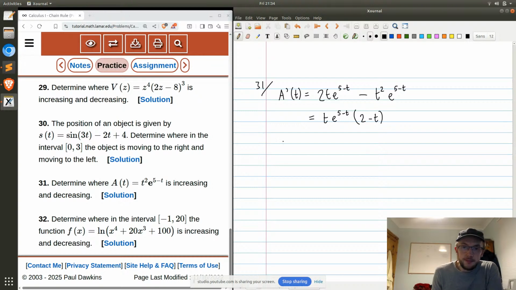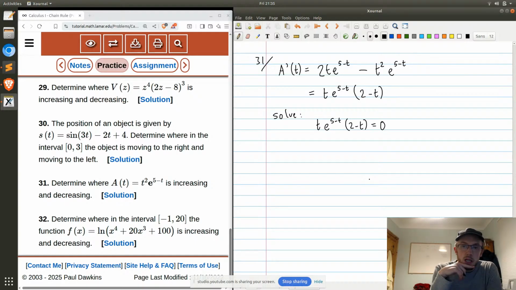So solve this. When is this 0? Well, it's 0 when t is 2. When t is 0. And when is e to the 5 minus t equal to 0? Never.